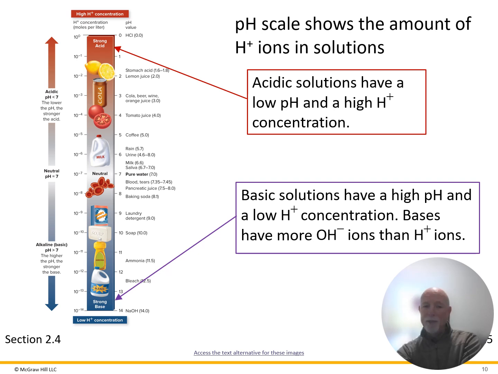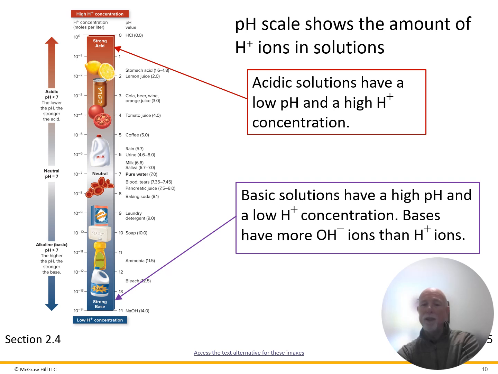On the other end of the scale here, these are basic solutions, sometimes called alkaline solutions. Basic solutions have high concentrations of hydroxide ions. Look at this and think about what's happened here. It's a water molecule that has lost a hydrogen, but the oxygen has held on to its electron.